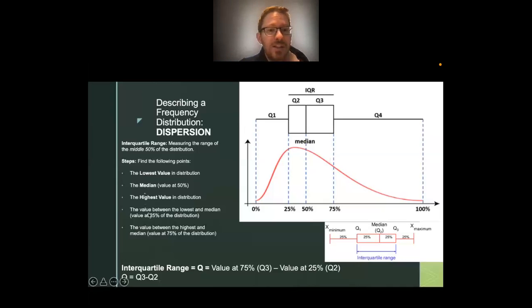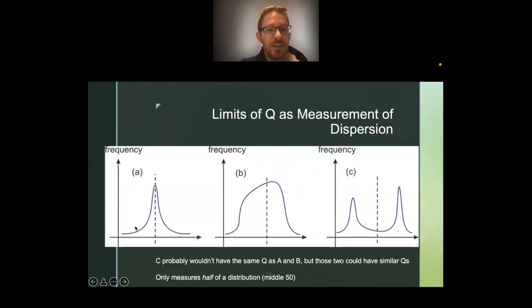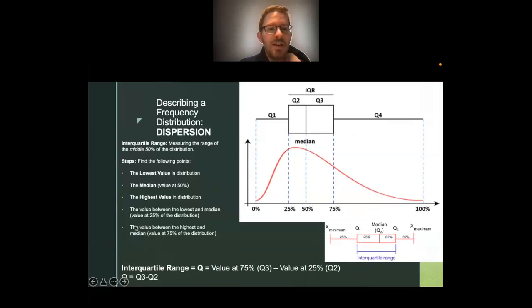And then you need to take the value between the highest and the median, which is the highest value minus the median divided by 2. And then the interquartile range is simply Q3 minus Q1. That gives you the middle 50% range, which is what the interquartile range is telling us. So it's giving us the range of this middle here.